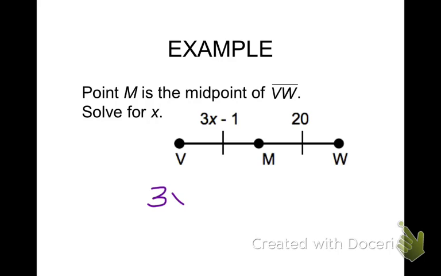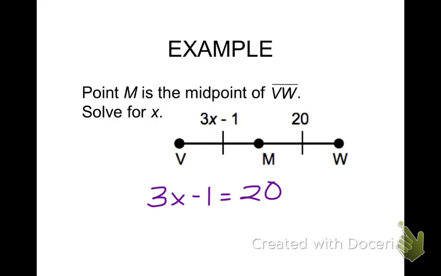And this is where students are going to make mistakes when they have these problems combined into an assessment. They'll try to add these together, 3x minus 1 plus 20, which we could do, but do I know the whole entire length? No. So I don't have anything to equal it to.